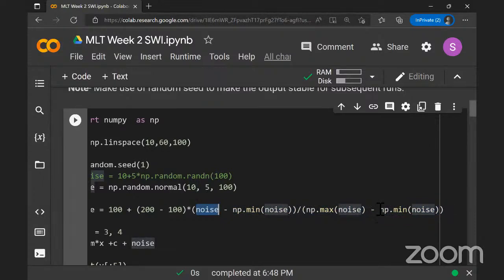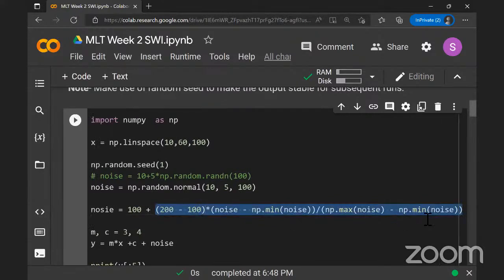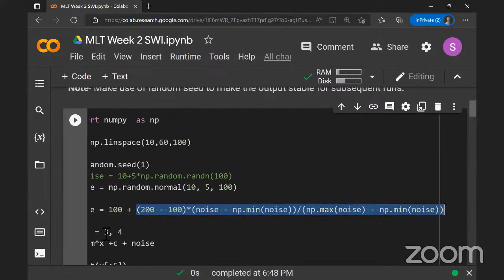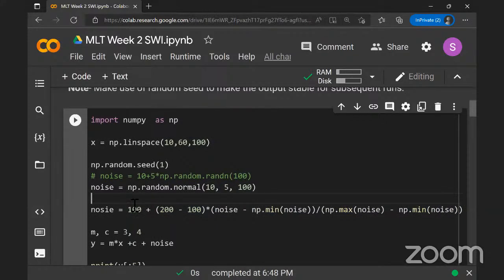Then this quantity becomes exactly 1. 1 multiplied by 100 is 100, and 100 plus the first 100 is 200. So your range will be 100 to 200. Okay. Got it.